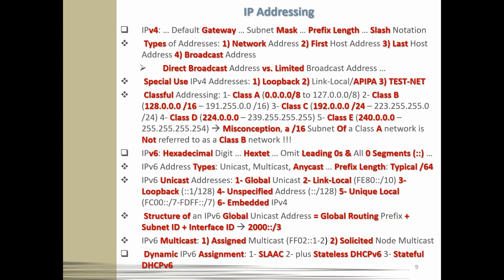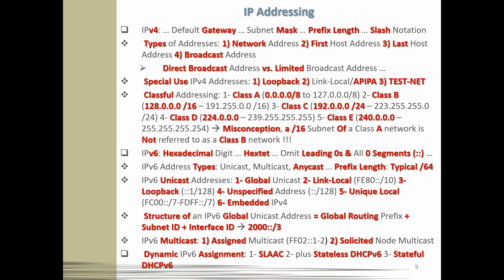Instead, we use solicited node multicast for address resolution, or layer 3 to layer 2 address resolution. So remember, these addresses are used as a more efficient approach to IPv4's broadcast address.